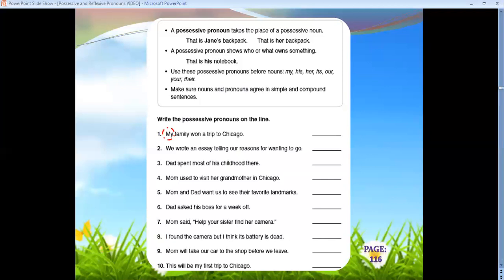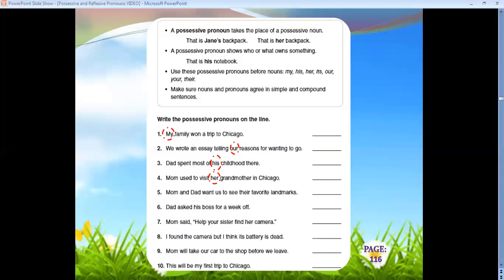Our. What do you think? Yes, of course. 3. Dad spent most of his childhood there. His. That's right. 4. Mom used to visit her grandmother in Chicago. Her.